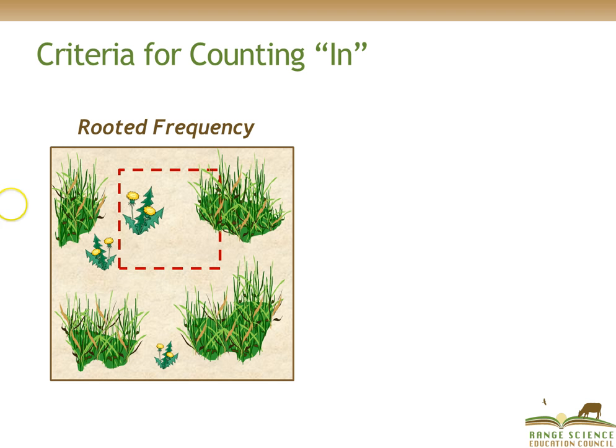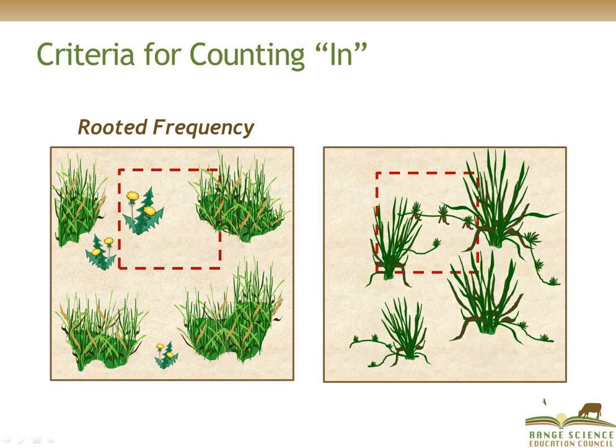And this works not only for single-stemmed plants, but also for mat forming plants, such as this grass mat that we see here. It doesn't matter how much of the plant is in or out, as long as part of the plant is rooted inside the quadrat, that counts.